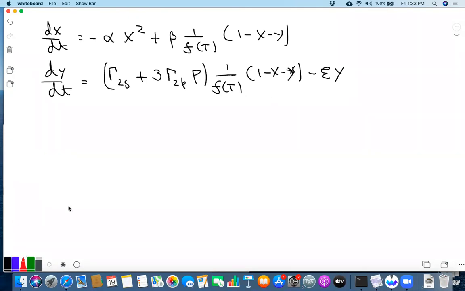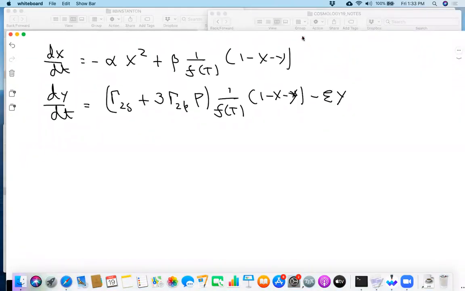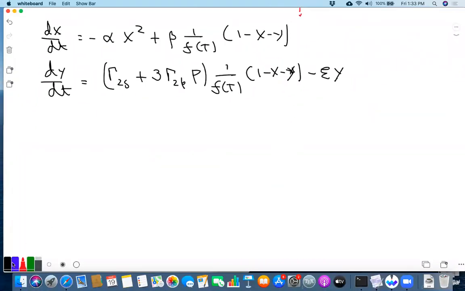And here, let me give some definitions. N naught I have just introduced today, just so that you don't have to write this 0.73 times NB many times.